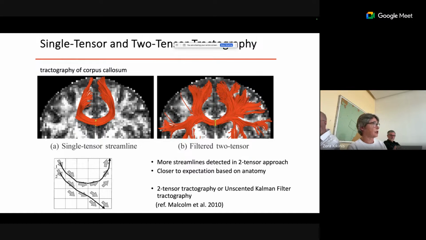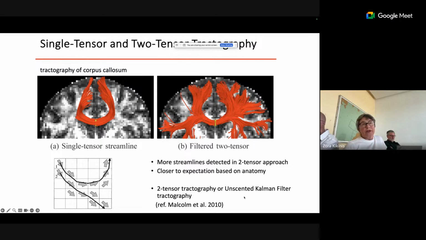If there are two tracks crossing within the same voxel, the tensor stops. However, in the two tensor tractography, where there's not just one arrow in voxel 1 but two arrows, in areas of fanning or where two tracks cross, the tractography can go in two directions. Okay.